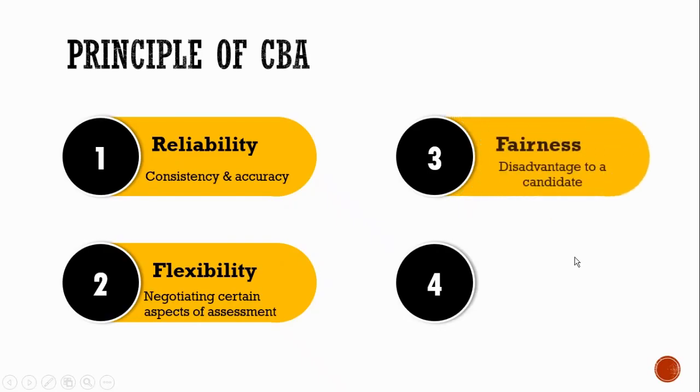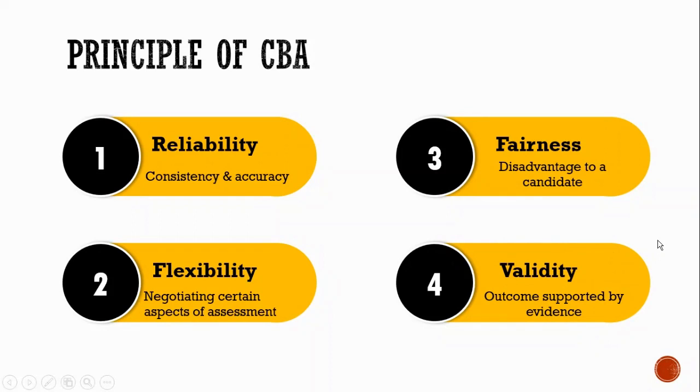Another principle of CBA is fairness. With fairness, we are saying that assessment does not disadvantage a particular candidate or group of candidates. So we want to be fair. And the last is validity.